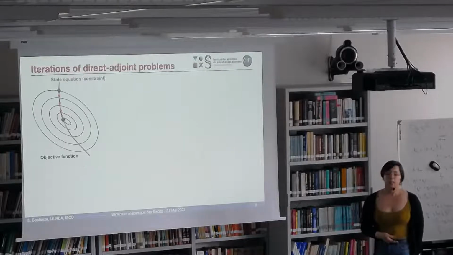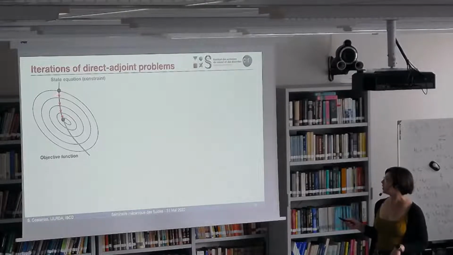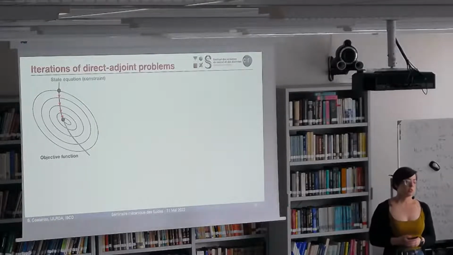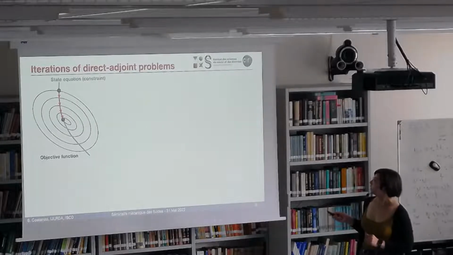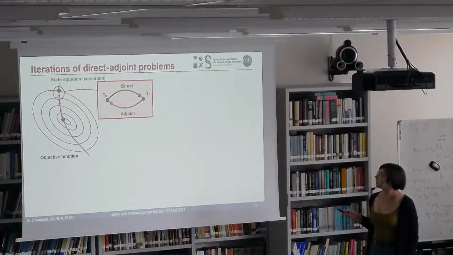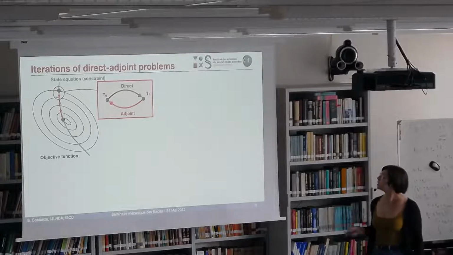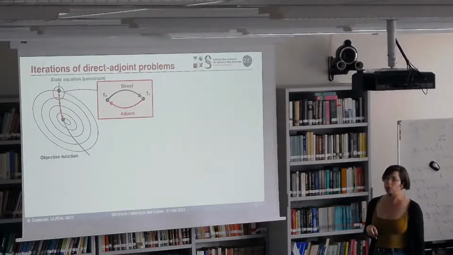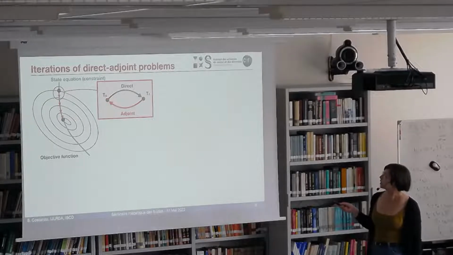Once we have the gradient, we can move towards the minimum using iterations. When we use adjoint-based optimization to compute the gradient, each of these iterations needs to solve the direct problem, so the function evaluation or Navier-Stokes equations, and the adjoint problem. The direct problem is solved forward in time: when we use unsteady simulation, we have to move from T0 to T final.